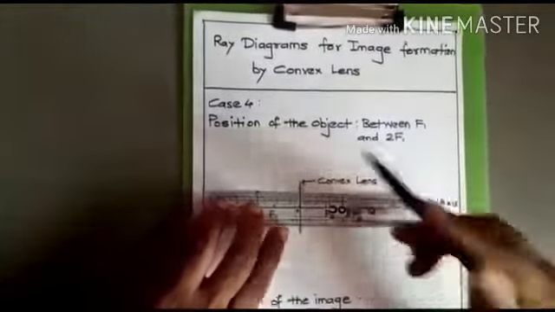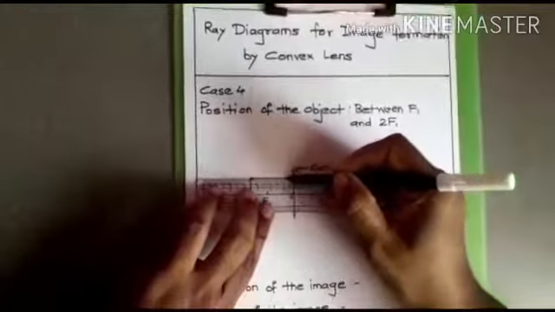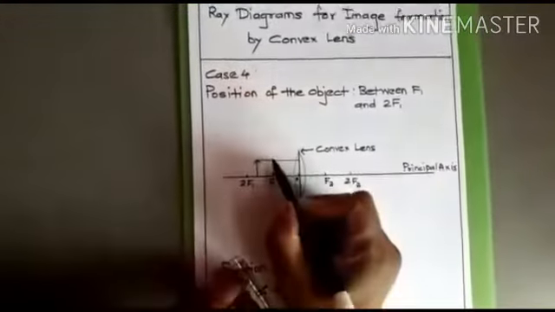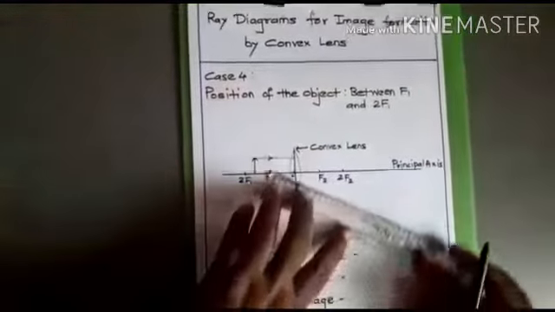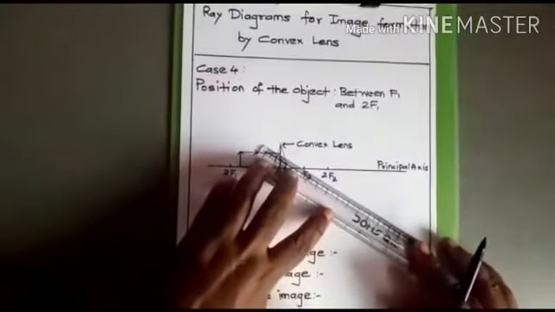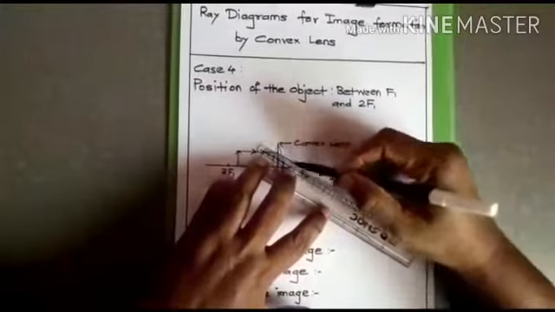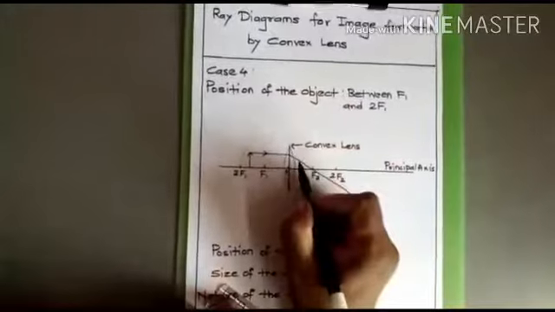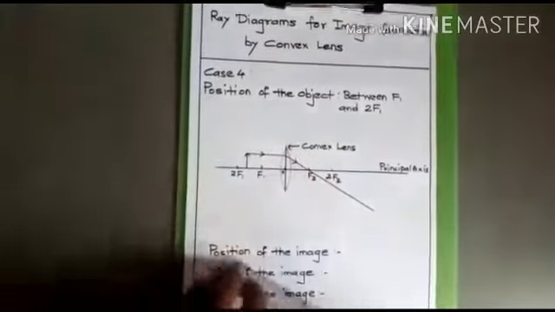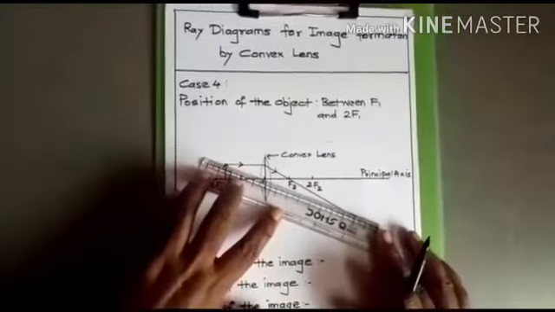We'll use the first rule. The incident ray after refraction passes through the focus. Use rule 3.